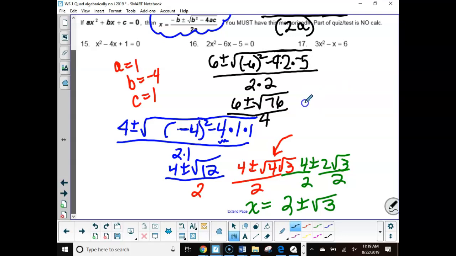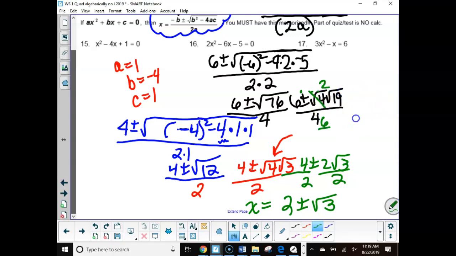76 is divisible by 4. So we end up with 6 plus or minus the square root of 4 times the square root of 19, I think. Somebody checking me? 76 divided by 4 is 19. Okay, then what? Square root of 4 is 2, so that's just a 2 square root of 19.